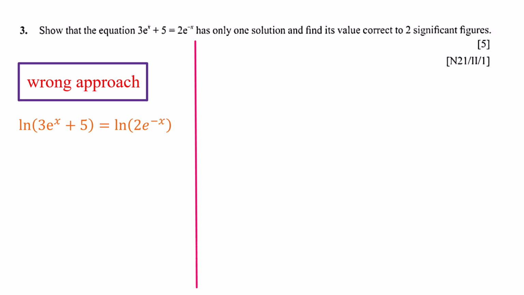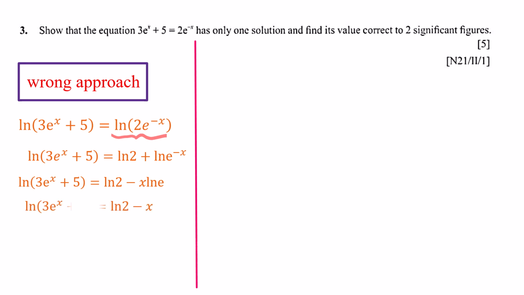Right, we know that e to the power of x is a good friend of ln, because ln e is basically log base e of e, which gives you 1. Right, so some students would just bring ln to both sides. Okay, and here we can apply the power law, no problem. You can split it into ln 2 plus ln e to the power of negative x.